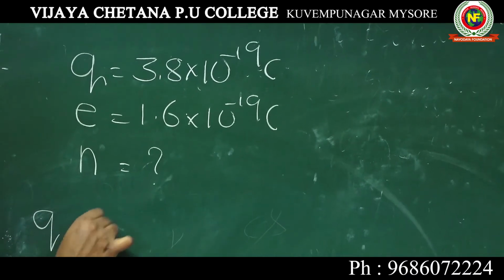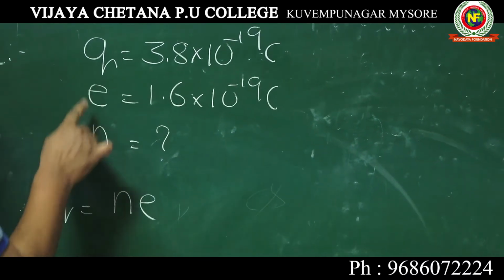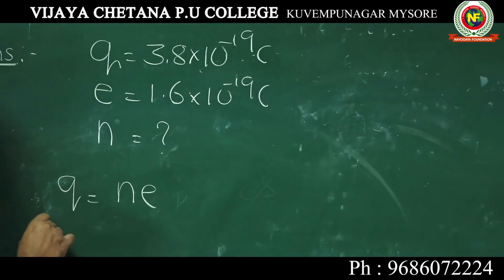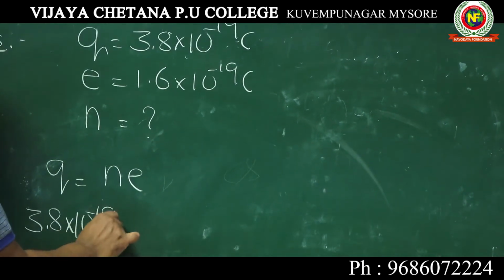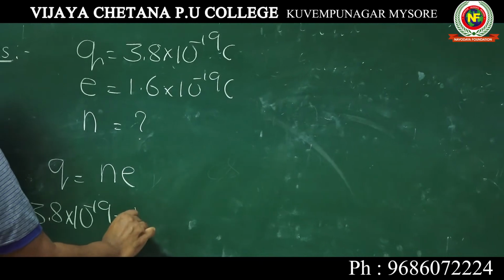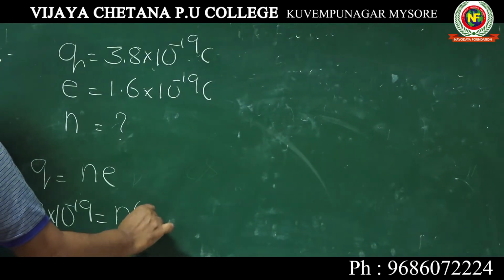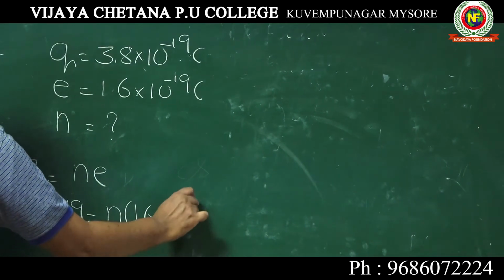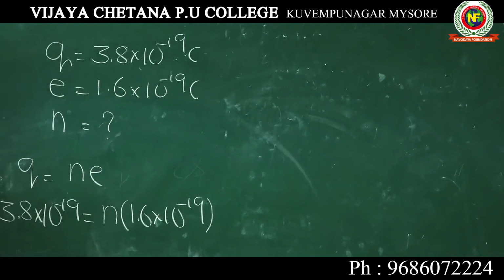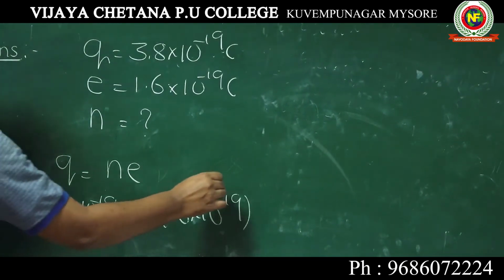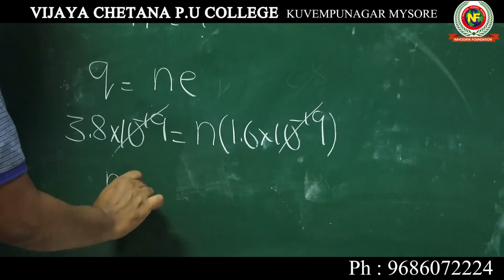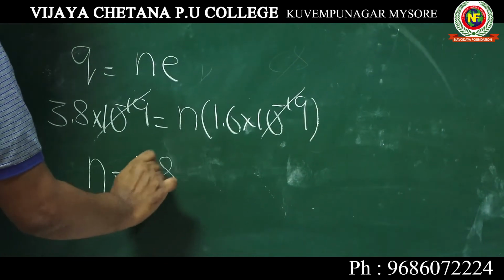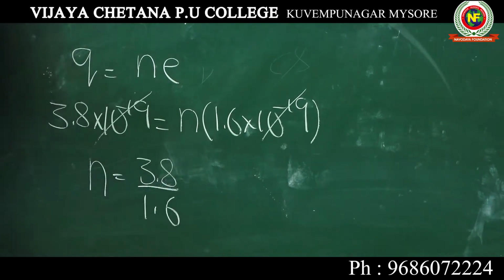Q is equal to Ne, positive charge, I am considering only the positive sign. So 3.8 into 10 power minus 19 equals N into 1.6 into 10 to the power of minus 19. This cancels, and you are left with N equal to 3.8 by 1.6.